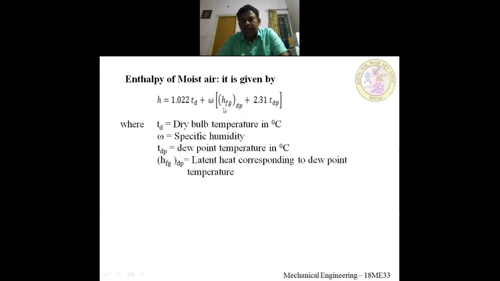What is HFG? You have to find it from the steam tables, plus 2.31 TDP, that is the dew point temperature. Here TD is the dry bulb temperature, omega is specific humidity, and TDP is the dew point temperature. Here also TD and TDP both you have to substitute in Celsius only. The equation is modified in such a way that you have to substitute in Celsius.